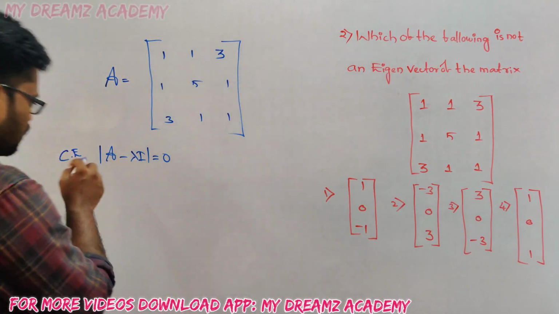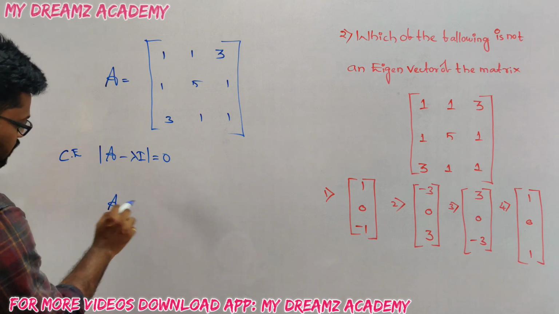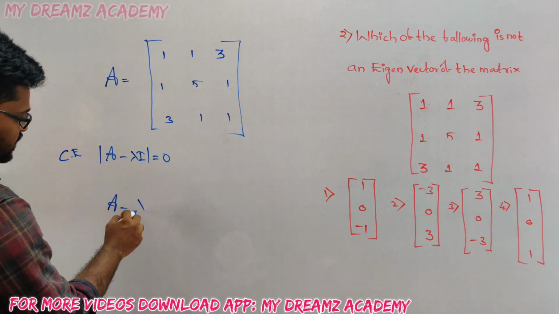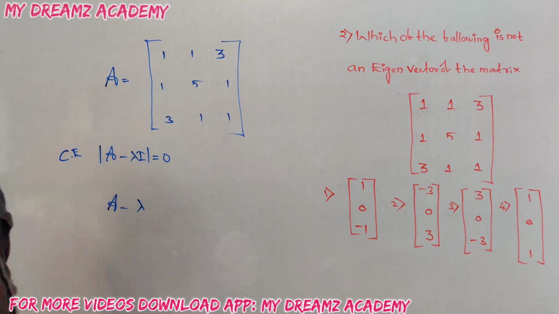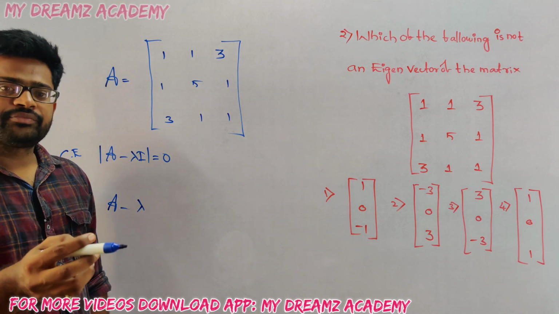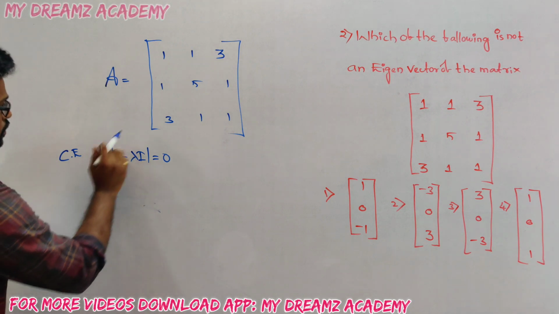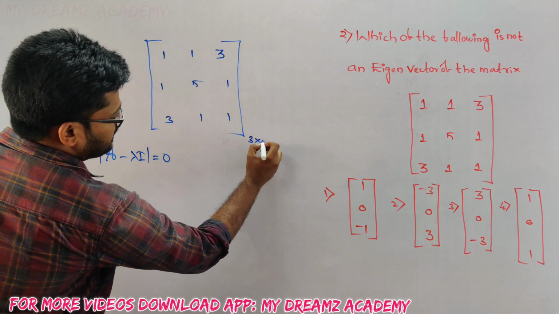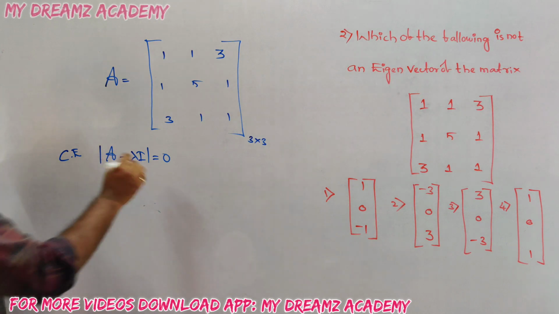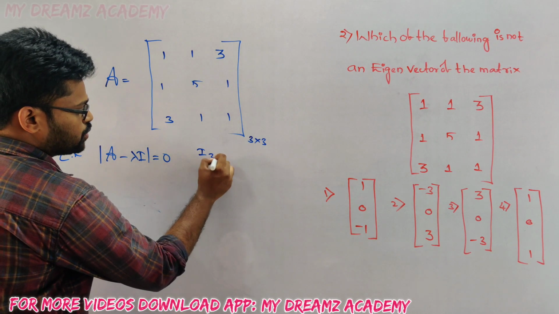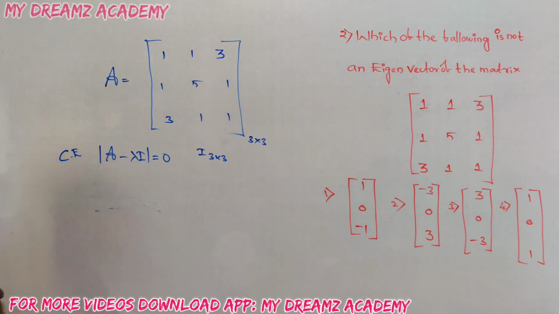Okay. Now how to make this one, that is A minus lambda I is a one function. So I is the identity matrix of same order as that of A. Where A is the square matrix of order 3 cross 3, I is also a square matrix, that is identity matrix of order 3 cross 3.